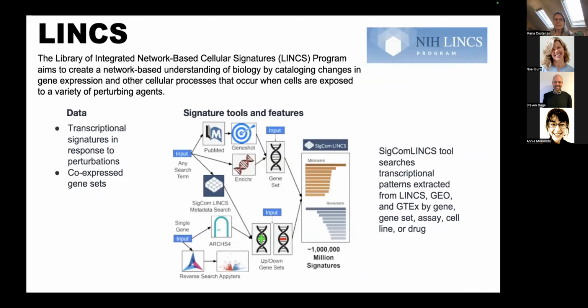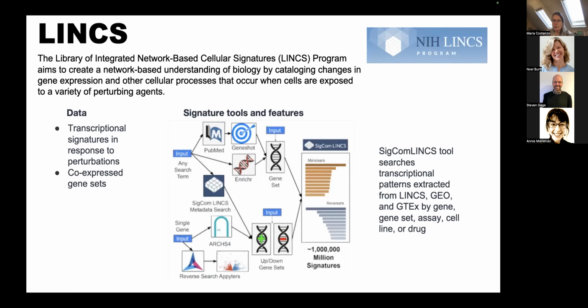Okay, next one is LINCS, Library of Integrated Network-Based Cellular Signatures. This one has primarily transcriptome data, and what happens to transcription patterns in response to perturbations like drug treatments. And they look at a lot of co-expressed gene sets.